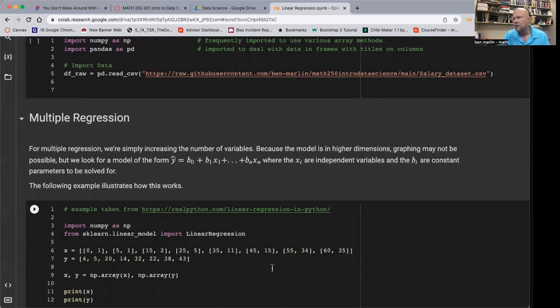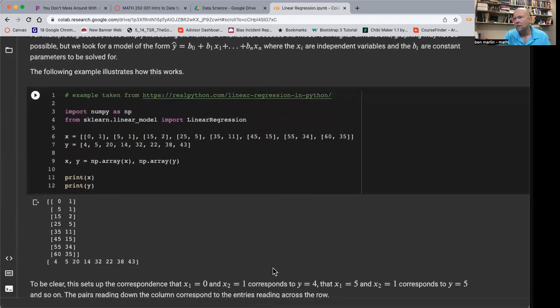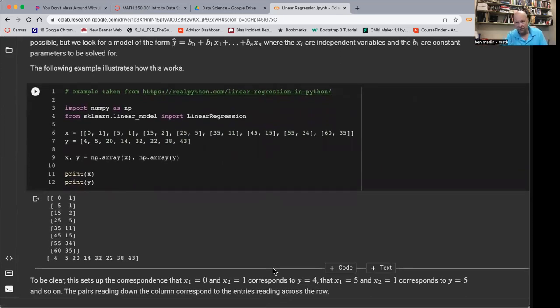So this one here that we've got an example worked out for doesn't really have an explanation of what's going on, but it has 2 variables that are affecting it.